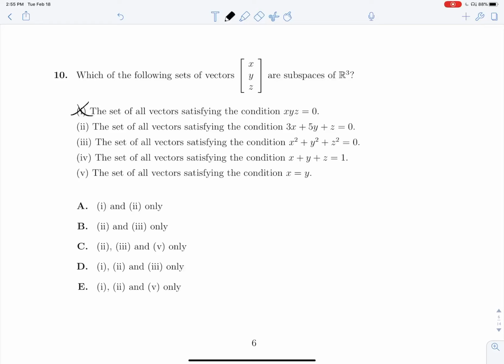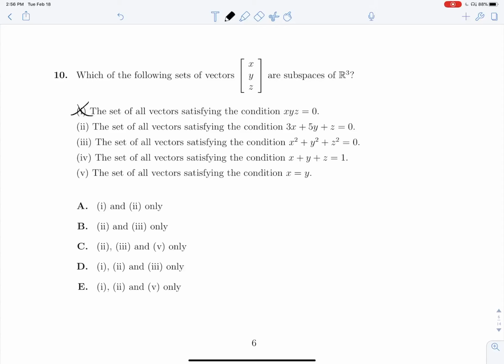Okay, number 2, we have the set of all vectors satisfying that condition. So this is a plane, and it's set equal to 0. So we know that we pass through the origin, which is great. And just knowing how span works can actually help you solve this one, because we know that anything that can be represented as a span is a subspace, because a span is defined by the characteristic that you can take the elements that form that span and choose different linear combinations of them, which involves being closed under scalar multiplication and vector addition.